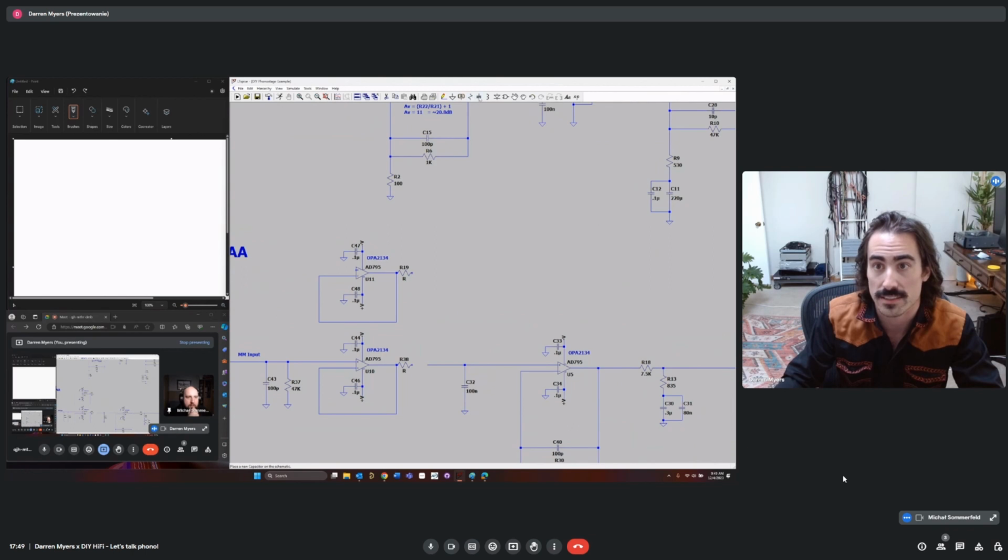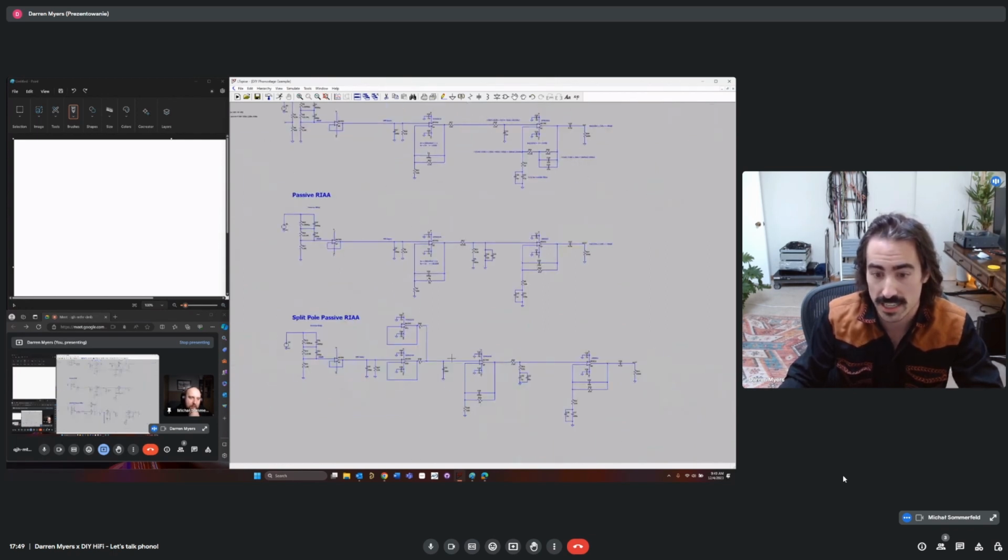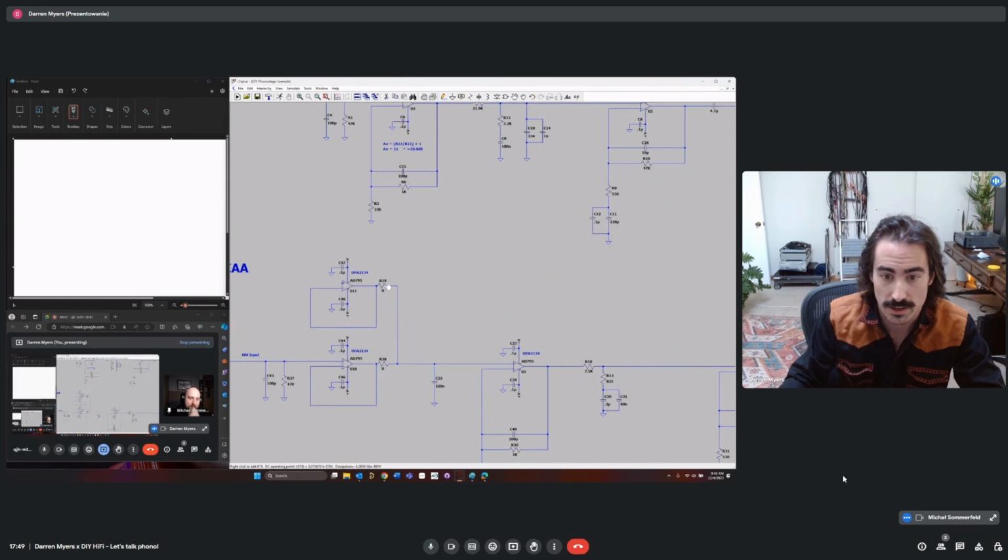We're kind of designing stuff on the fly here, but we could actually just tweak these values to make what we want.